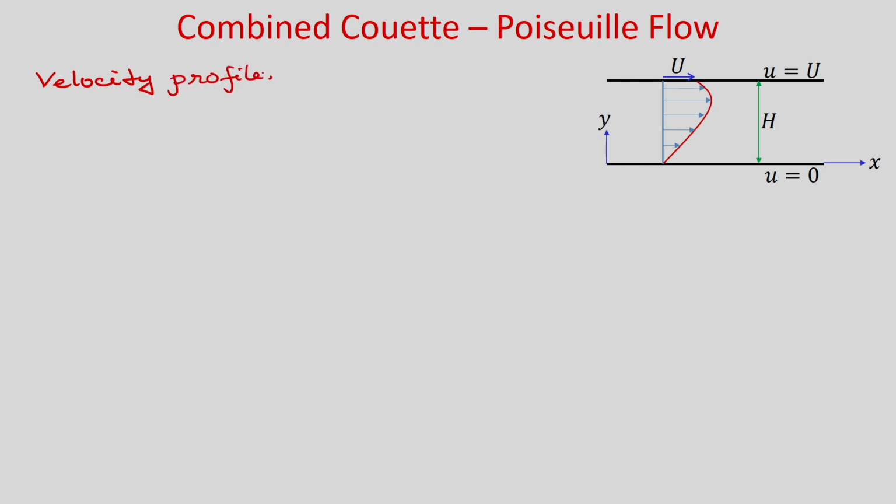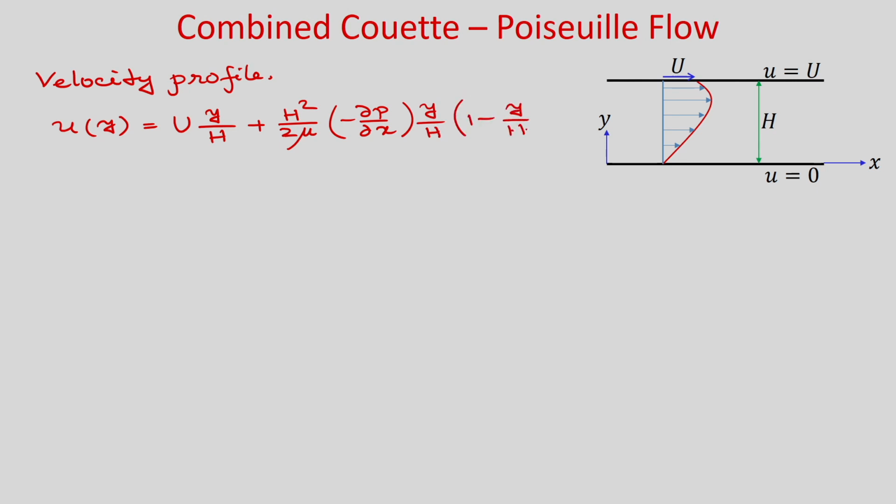So, after putting the values of C1 and C2, you will get u is equal to U y by h plus h square by twice mu into minus del p by del x into y by h into 1 minus y by h.